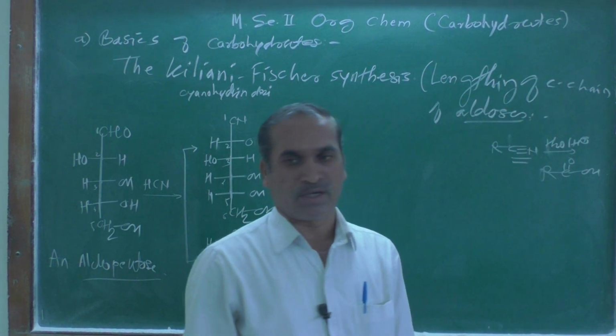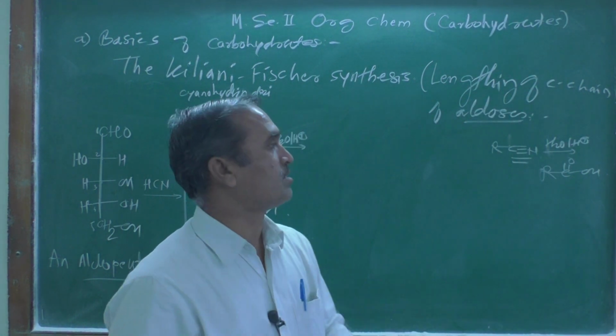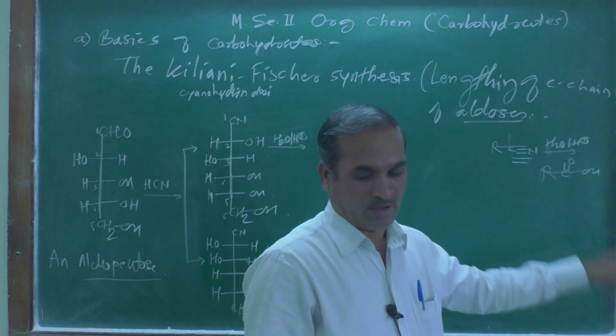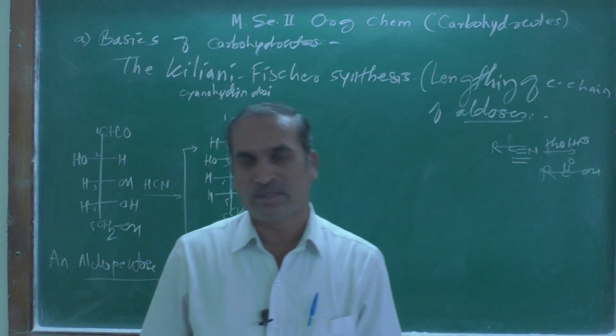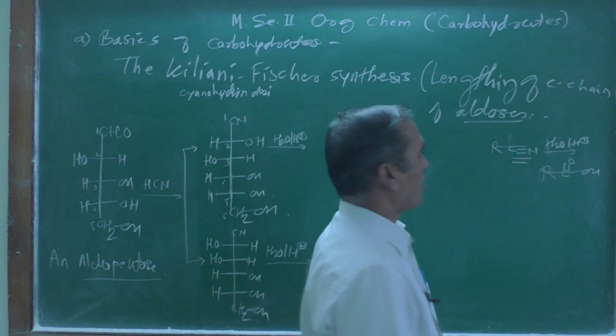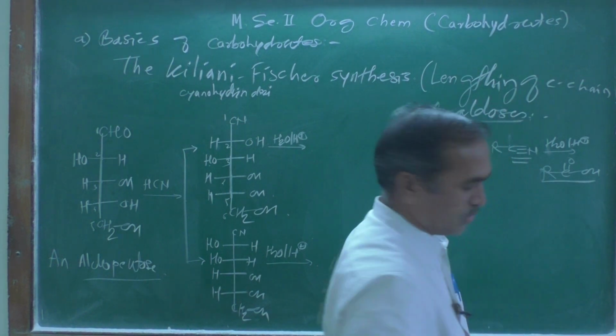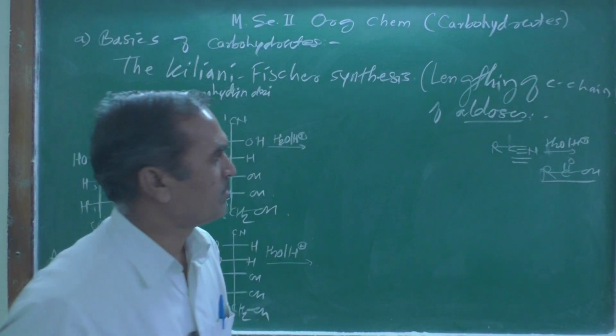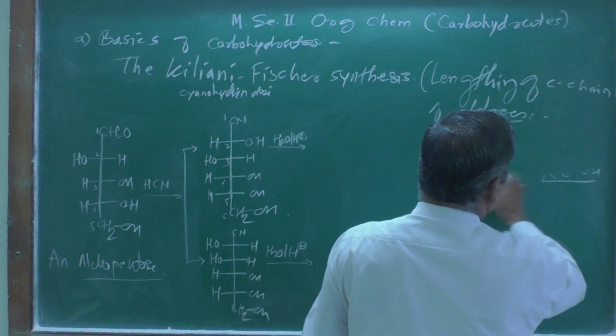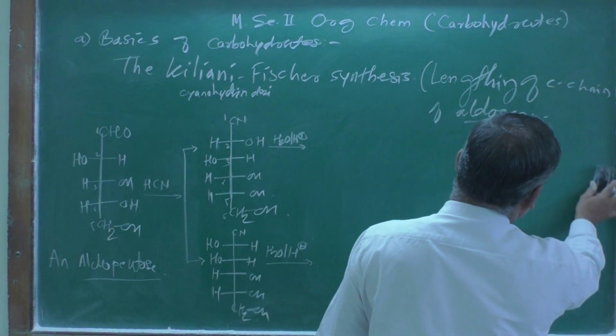This is one of the best methods for converting a cyanohydrin into a carboxylic group like this. So here the same trick we can apply.